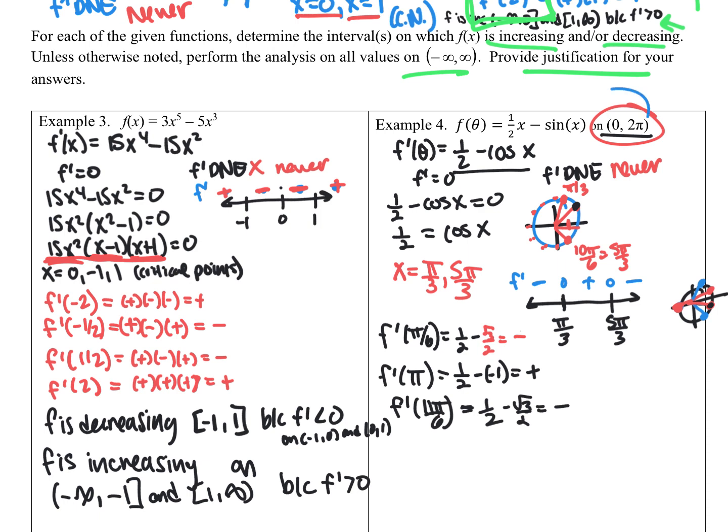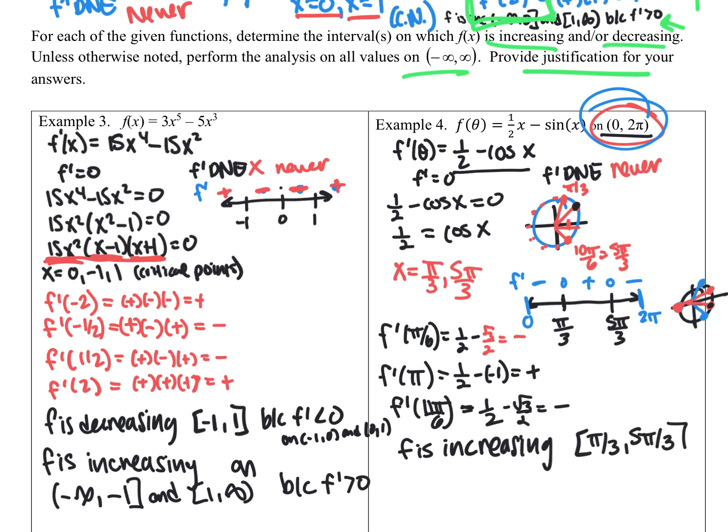Because we're only worried about from 0 to 2 pi, we're really stopping here at 0 and stopping here at 2 pi. All right, so when we say when f is increasing, it's going to be when the derivative is positive. So from pi over 3 to 5 pi over 3, because f prime is greater than 0.